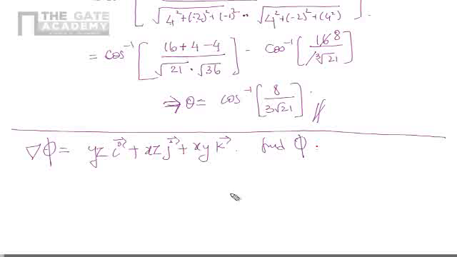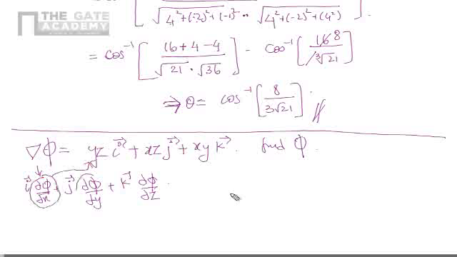So by definition, what is del phi? Del phi is nothing but i times dou phi by dou x plus j times dou phi by dou y plus k times dou phi by dou z. Okay, so this value is what is sitting here, this value is what is sitting here, and this value is what is sitting here.